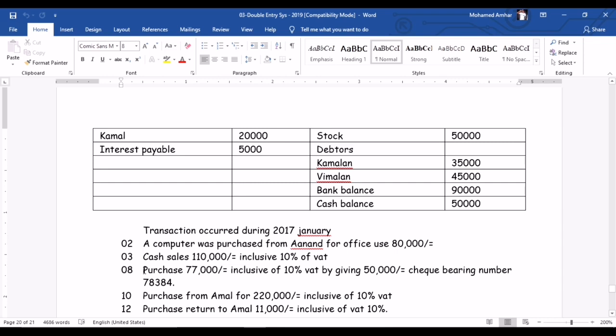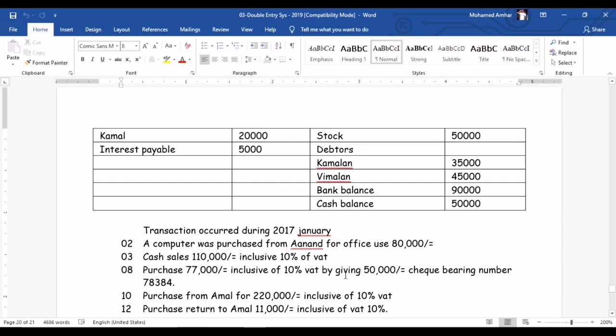Now, the date is 8. Purchase 77,000 inclusive of 10% VAT, by giving a 50,000 check bearing number 78384. So, purchase for 77,000. They have given a 50,000 check, then the balance 27,000 would have been given as cash.